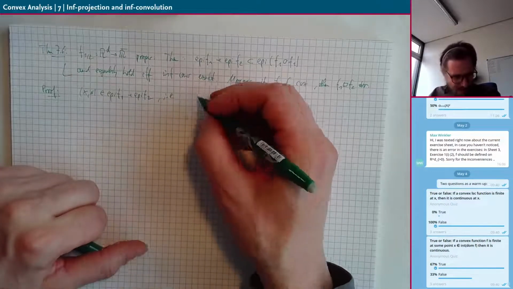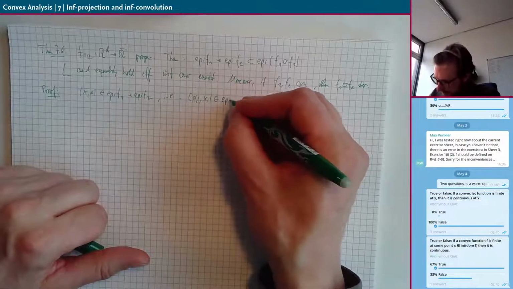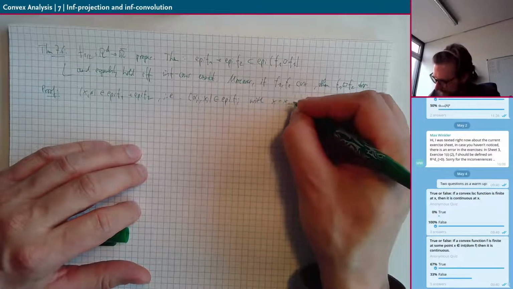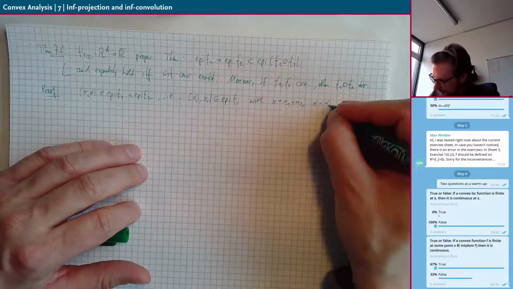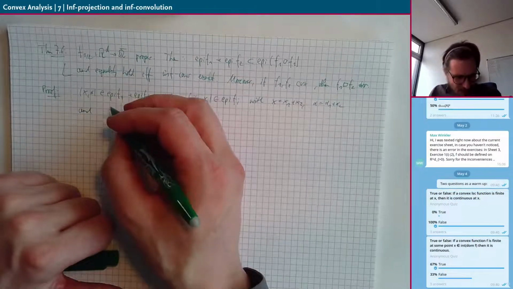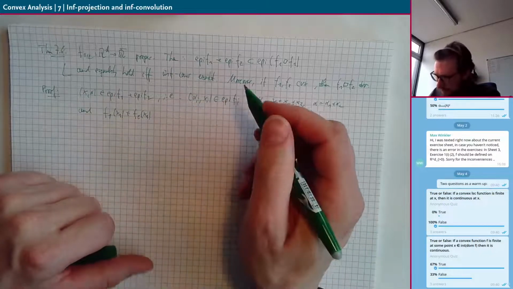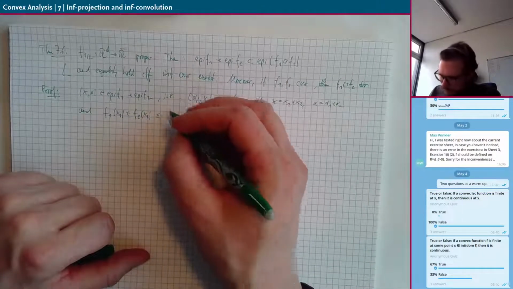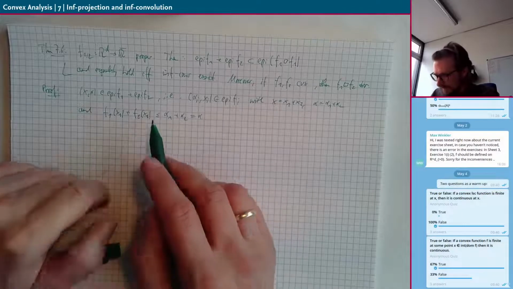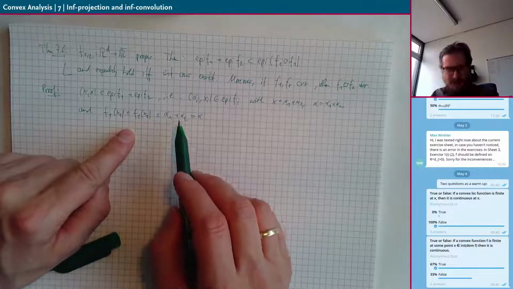I.e., we have alpha_i and x_i in epi of f_i, with the property that x is x1 plus x2 and alpha is alpha1 plus alpha2, and we also have f1 of x1 plus f2 of x2 is smaller equal alpha1 plus alpha2, which is alpha. Actually, we have even more: f1 of x1 is smaller than alpha1, and f2 of x2 is smaller than alpha2, but we don't need that here.